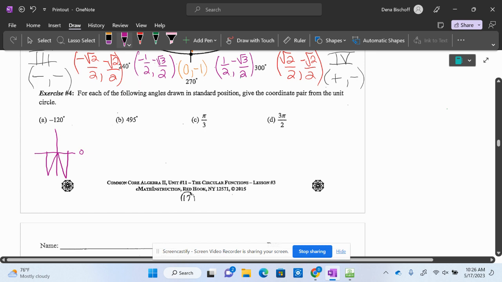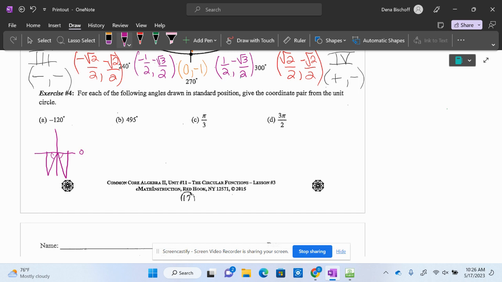So I went 60 degrees here and 60 degrees here. Those are my references. So my 120 is going to end up right here, negative 120. And when I think about this short leg, that's going to be negative because it's an x coordinate. Well, my short leg is 1/2 and it's negative. And my y coordinate is also negative and it's negative square root of 3 over 2. Okay, so that's where negative 120 lies.